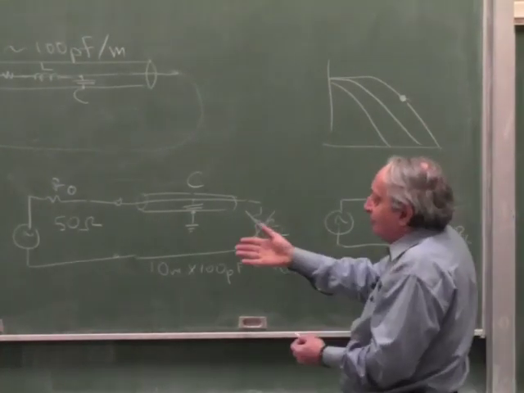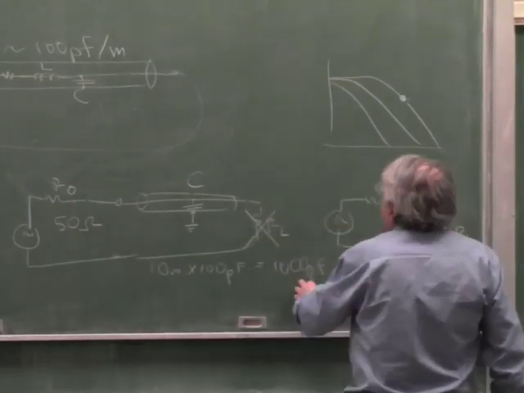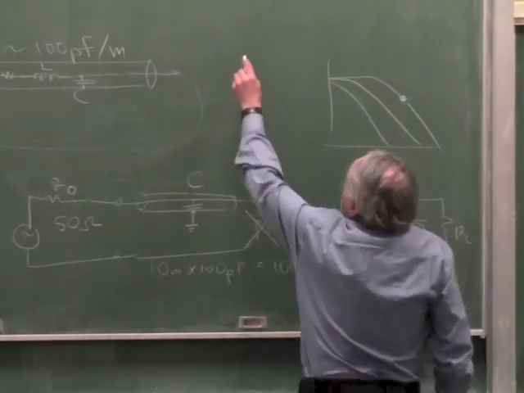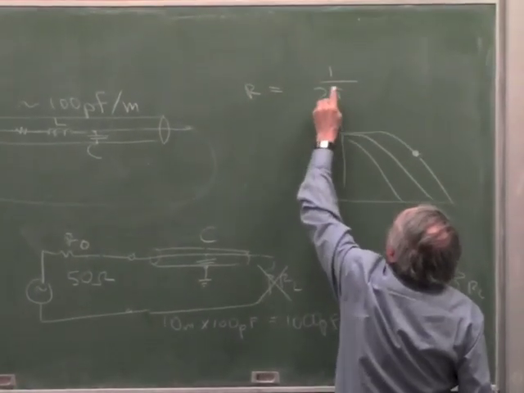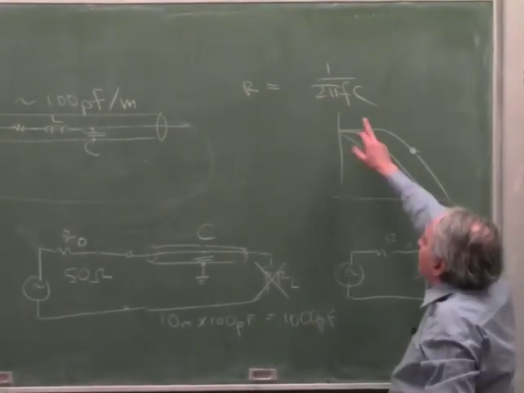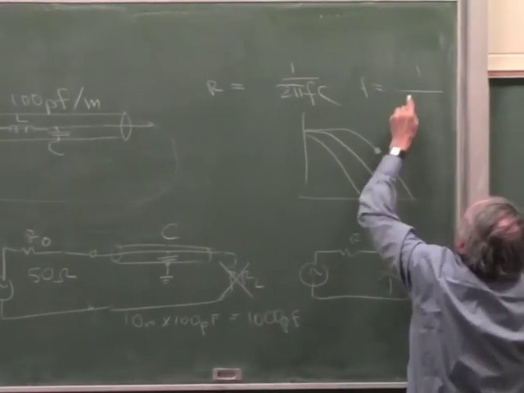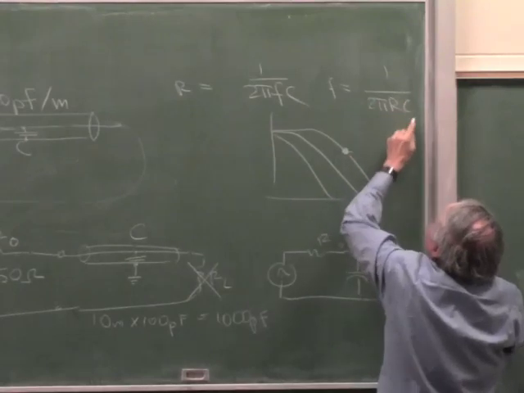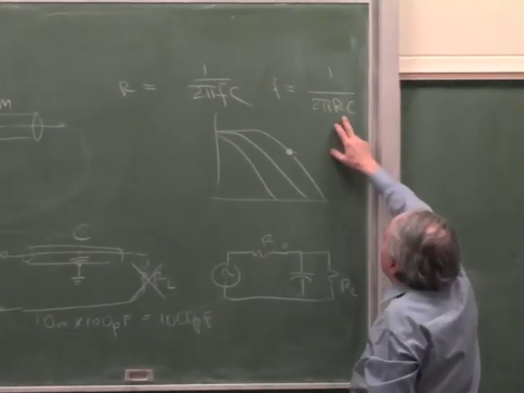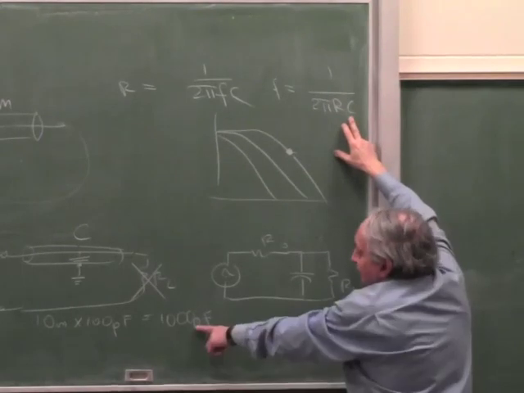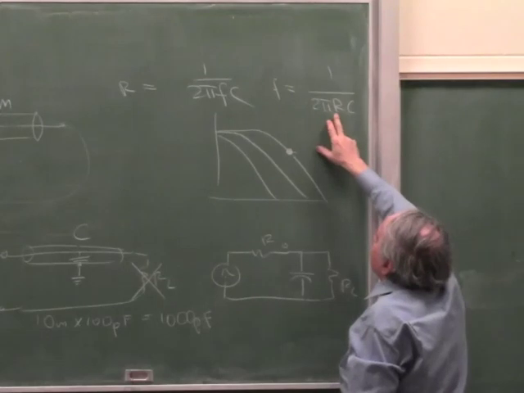So let's calculate the frequency when this happens. If I have 50 ohm and I have 1,000 pF, I say R equals 1 over 2 pi FC, because that's the impedance of a capacitor. So F equals 1 over 2 pi RC. If I just plug in the numbers, R is 50 ohm, C is 10 to the minus 9 farad, and 6 times 50 is 300.